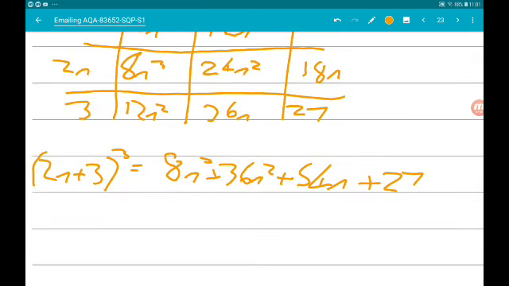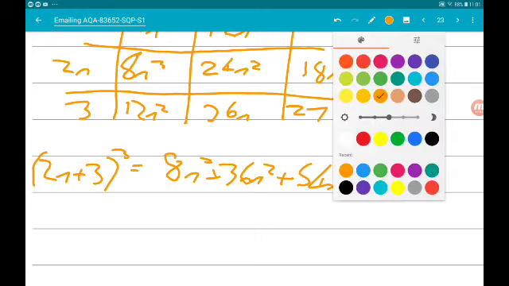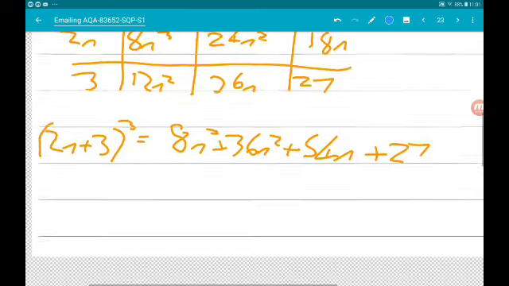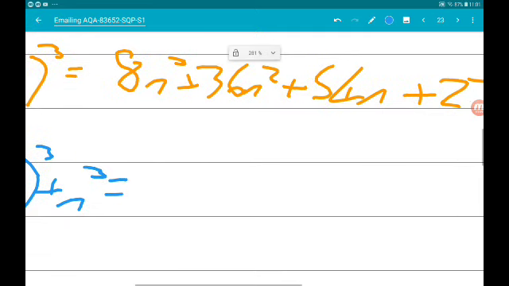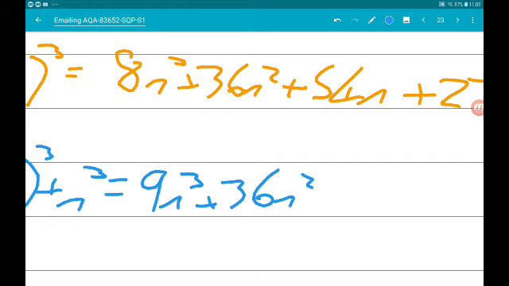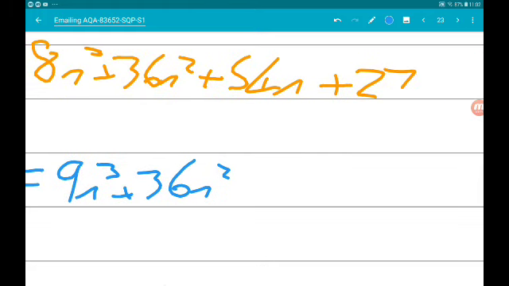So that's what we get when we expand 2n plus 3 cubed. So, 2n plus 3 cubed add n cubed is 9n cubed, add 36n squared, add 54n, add 27.